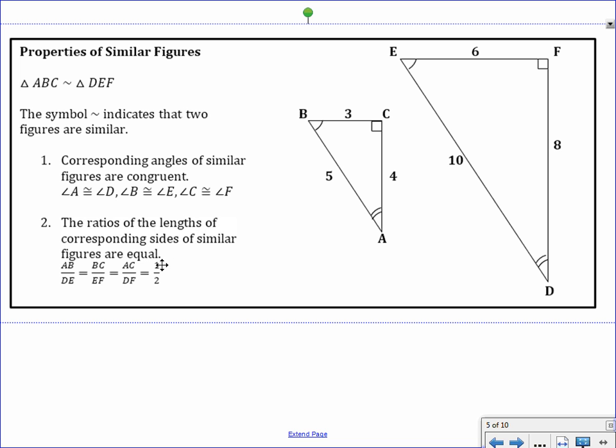All of those, when simplified, equal the ratio of 1 to 2, or 1/2, meaning that triangle ABC is half the size of triangle DEF.